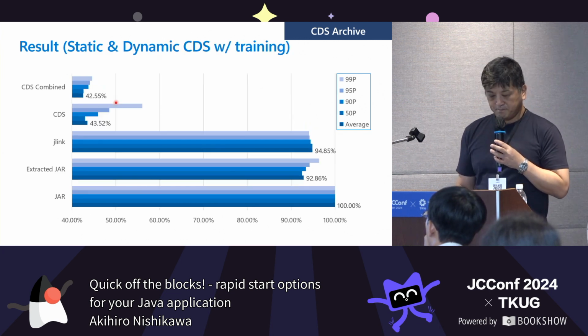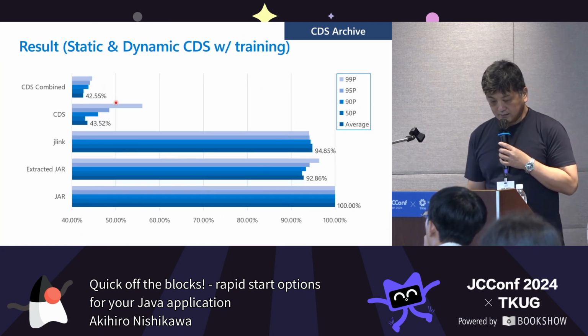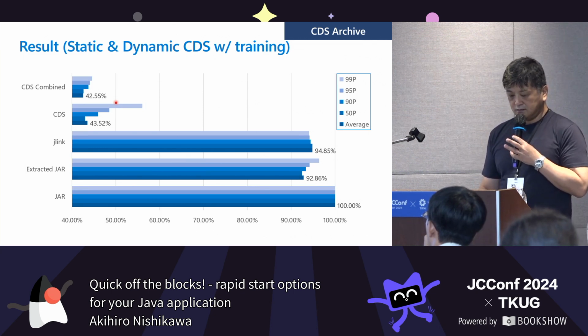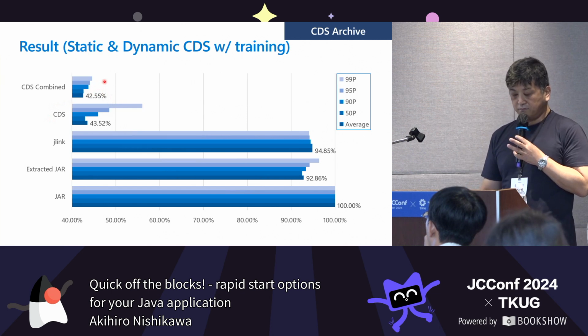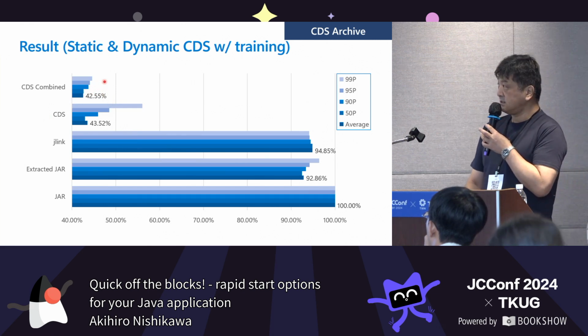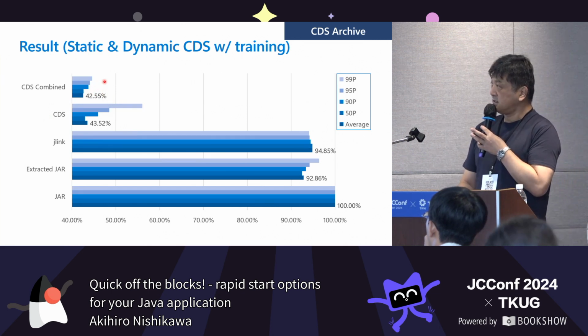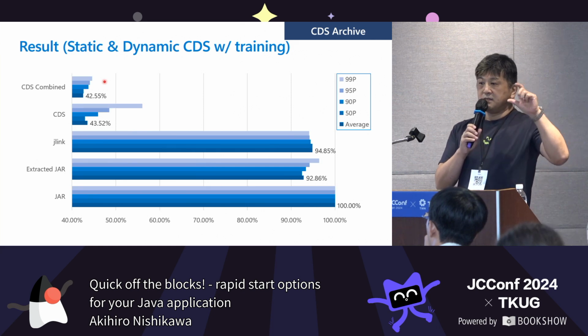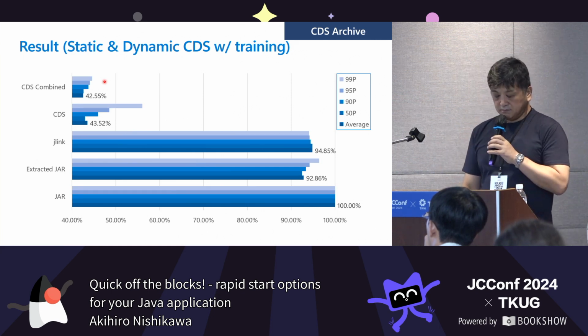For example, this is dynamic CDS and static CDS combined. A little bit faster, 42.55%. So a little bit faster, but there is not a similarly great gap between them.